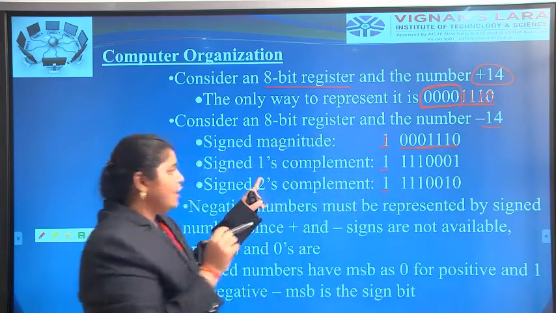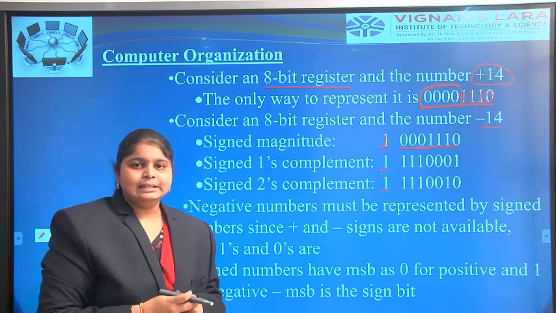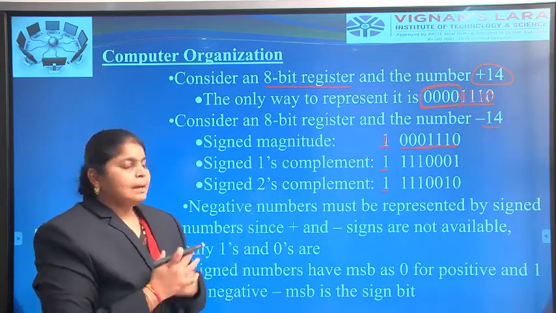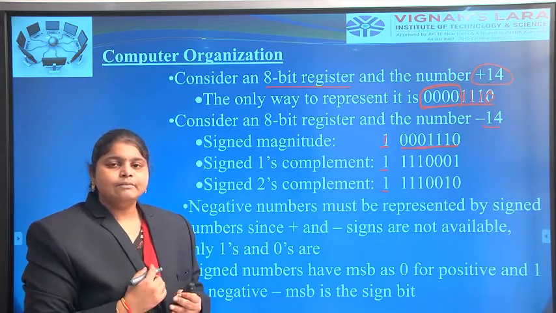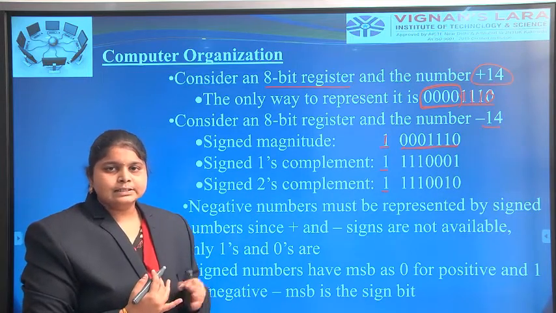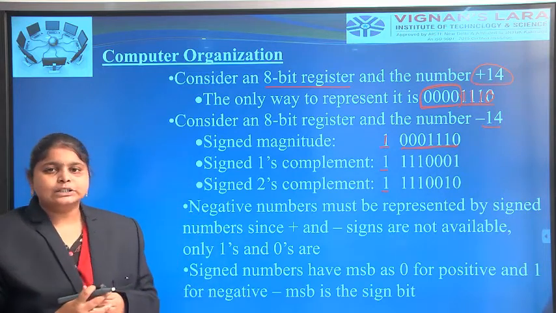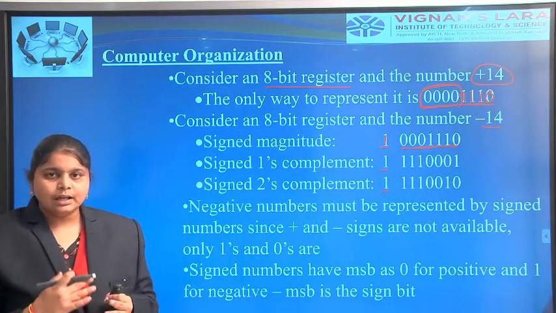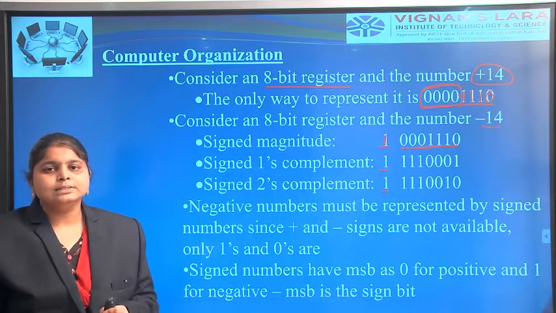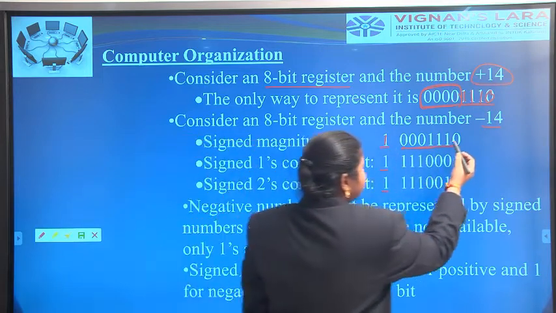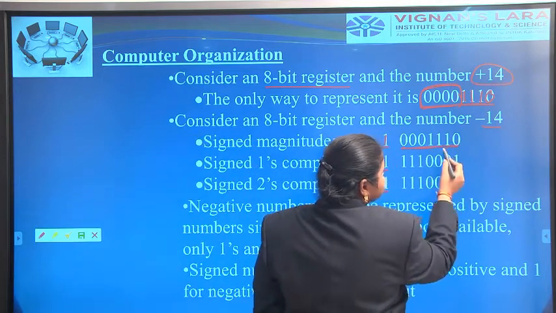Then it is converted to the 1's complement. As we discussed in the earlier class, 1's complement means we convert the binary number's zeros to 1's and 1's to zeros. Here 0 becomes 1, 1 becomes 0.